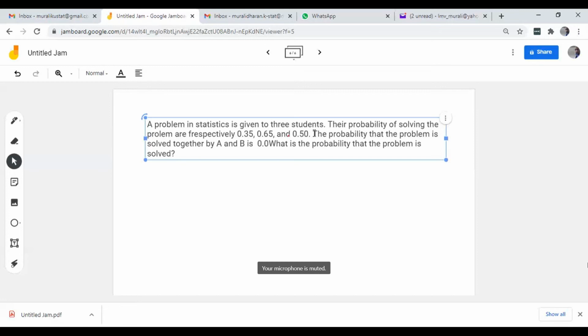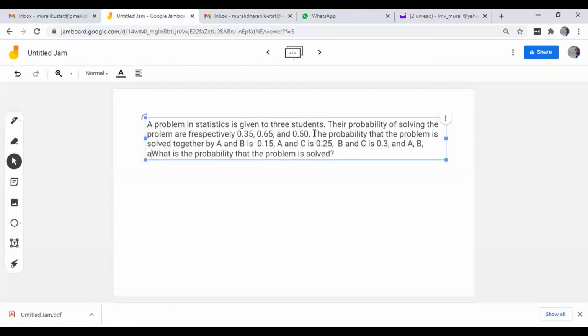Similarly, A and C is 0.25, B and C is 0.3, and A, B, and C together is 0.10. Now I am asking, what is the probability that the problem is solved?